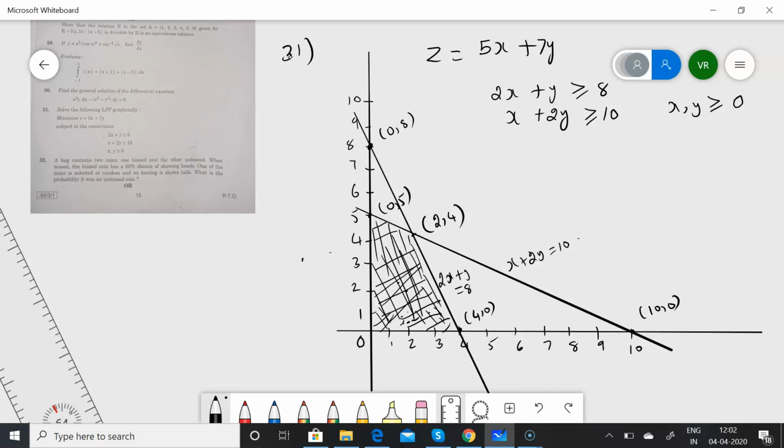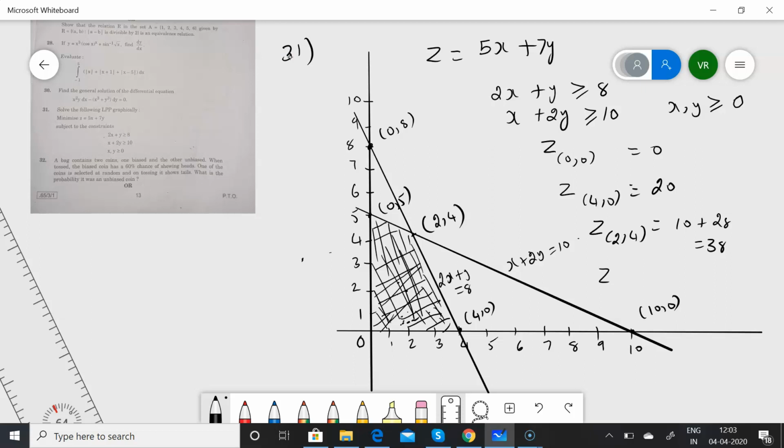Now we'll have to see the minimum value of z. So z at (0, 0) is 0. Z at (4, 0) is 4 times 5, which is 20, plus 0, which is equal to 20. And z at (2, 4) is 5 twos are 10 plus 7 fours are 28, which gives you 38.